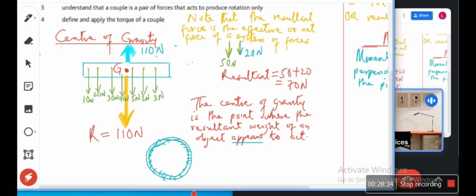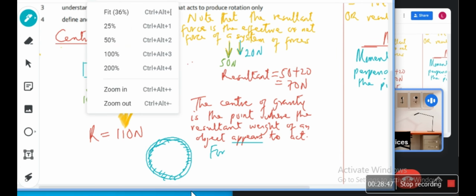For an object with a uniform cross-sectional area, the center of gravity is at its geometrical center. I need to say that. Let me zoom in and write it out properly.